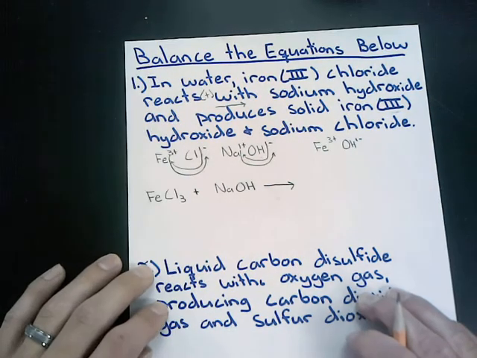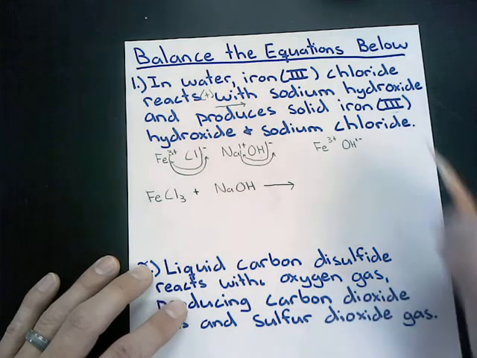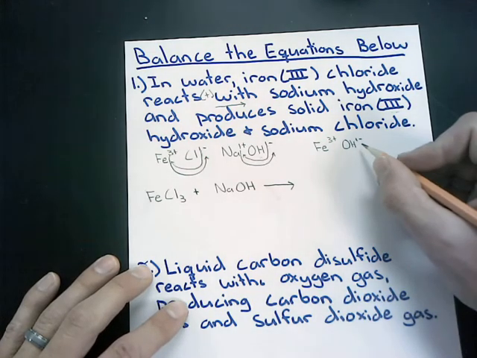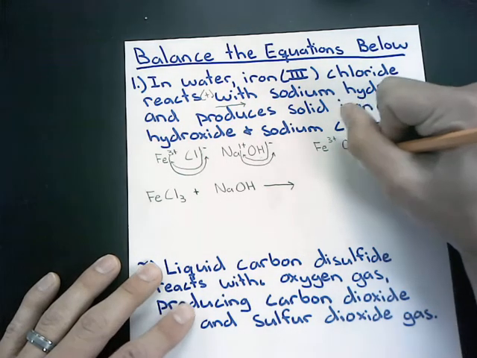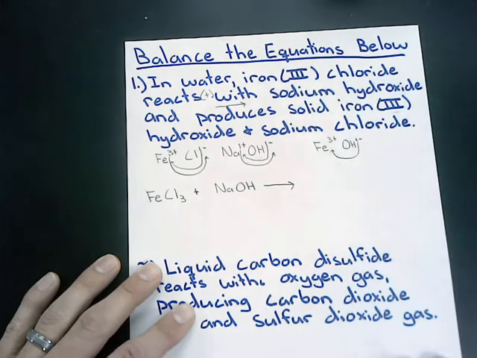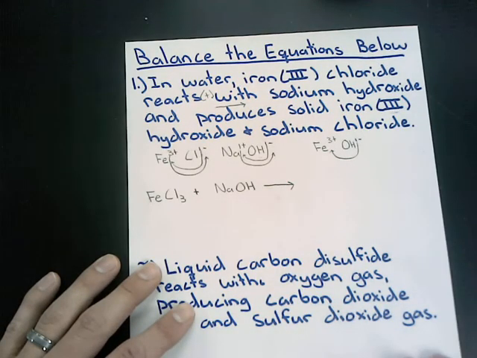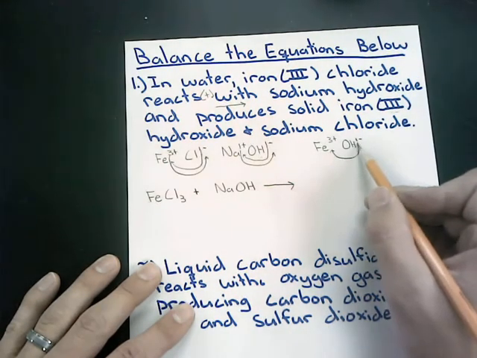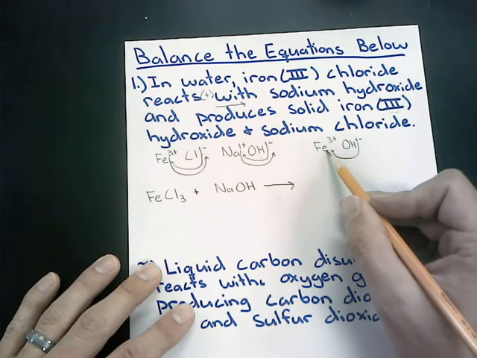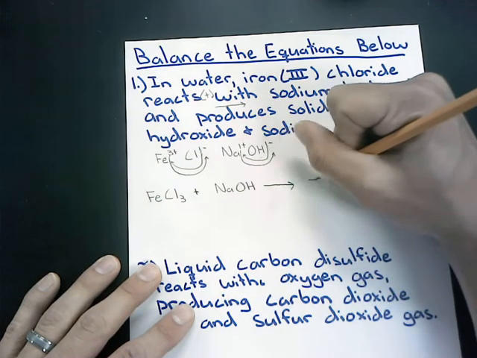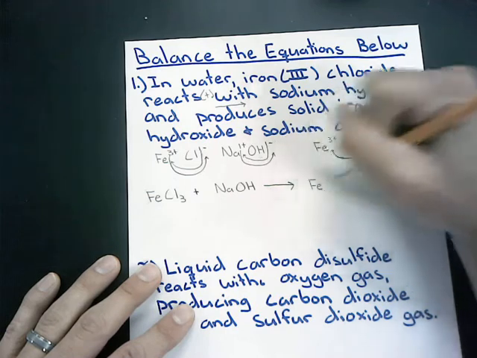Now again, now that we have this, we can crisscross the charge number to represent how many ions we need for this particular compound. So over here, because the charge of OH minus is 1, we need 1 Fe.